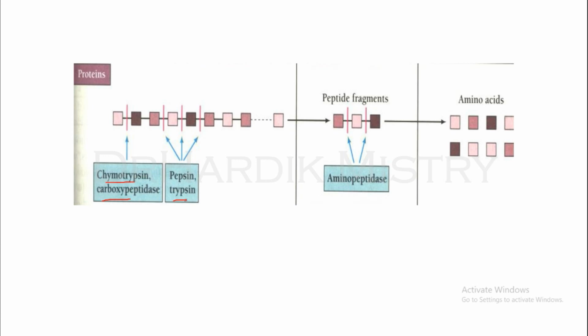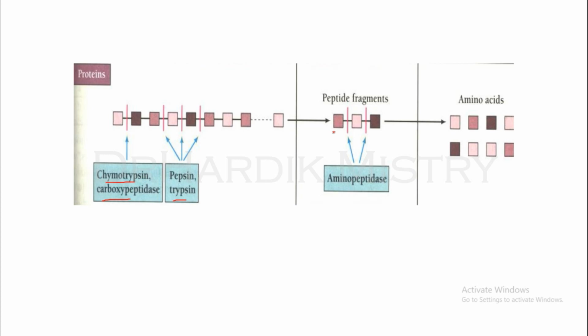So pepsin and trypsin convert polypeptides into dipeptides, tripeptides, or small peptides, whereas chymotrypsin and carboxypeptidase release the amino acids.